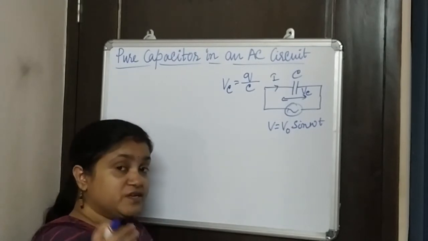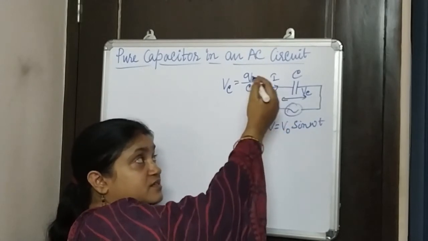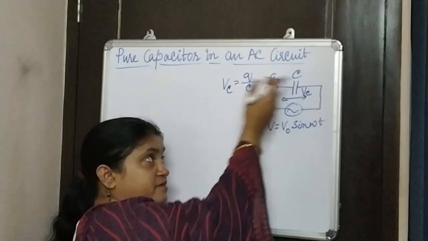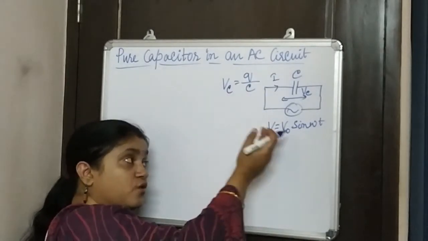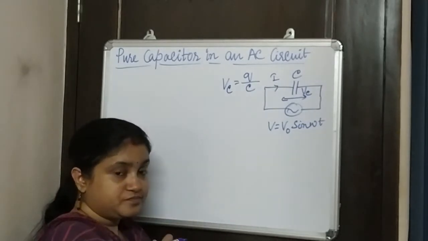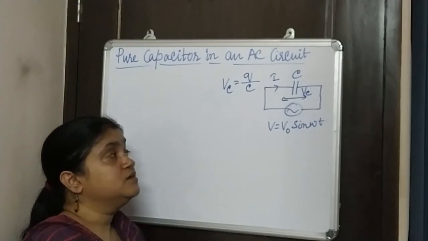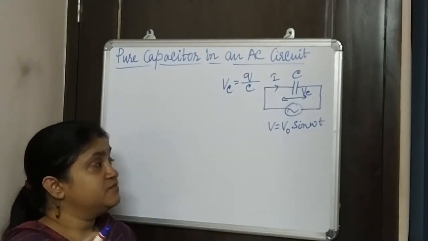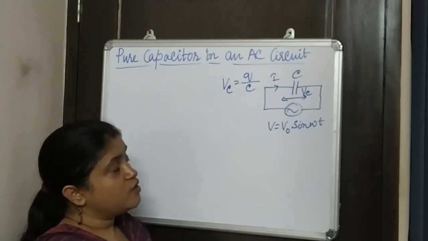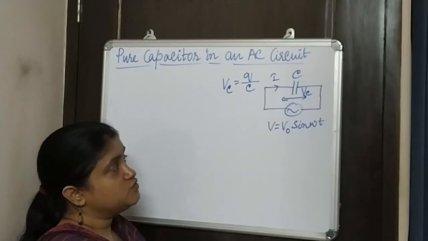As we already know, and we are assuming the charge that is there in this capacitor for this particular source is Q, and then we can say that the voltage drop across the capacitor is VC, which is Q by C. Now, according to Kirchhoff's law, we need to find the current.